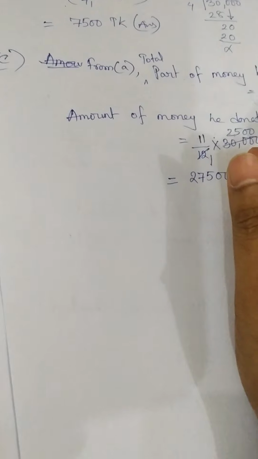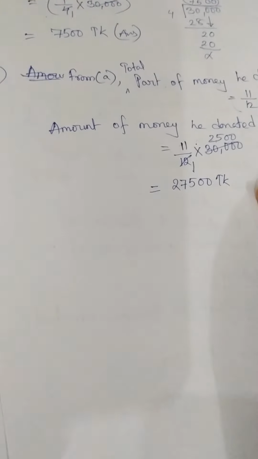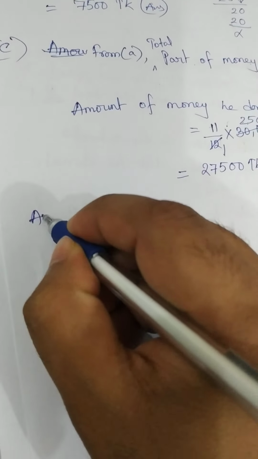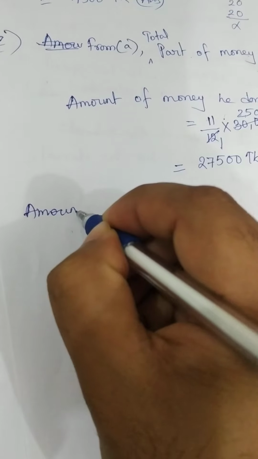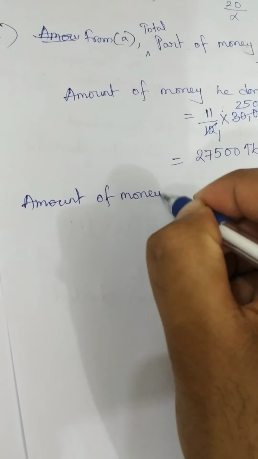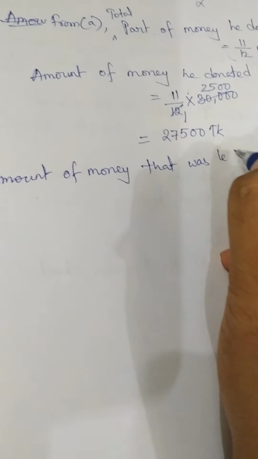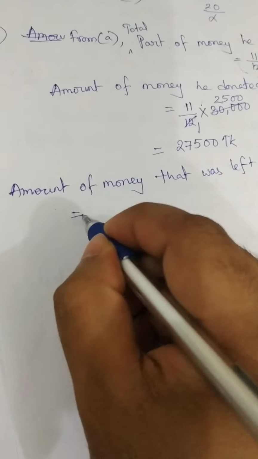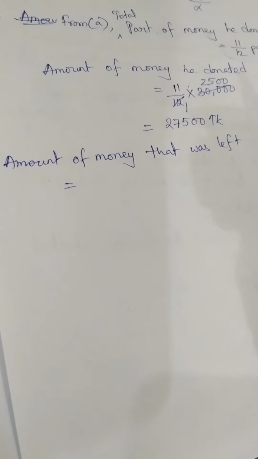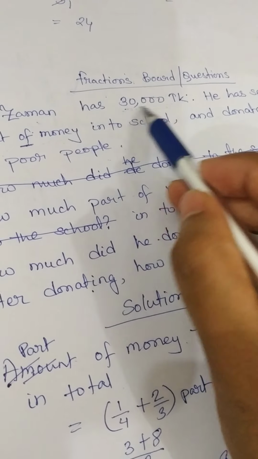But the question was, after donating, how much money was left? So next we can write, amount of money that was left equals, so what did he have in the beginning? He had how much money? You already know, that is 30,000 taka.